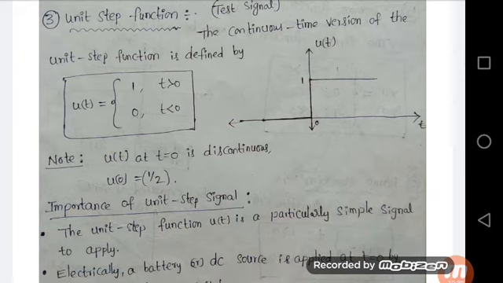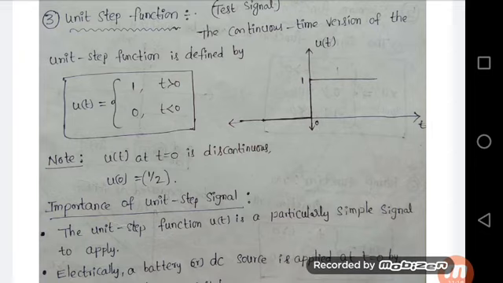And the third one is the unit step function. The continuous time version of the unit step function is defined by u of t equal to 1 where t greater than 0, and 0 where t less than 0. 1 will be displayed if the condition t greater than 0 holds, and 0 if t less than 0.